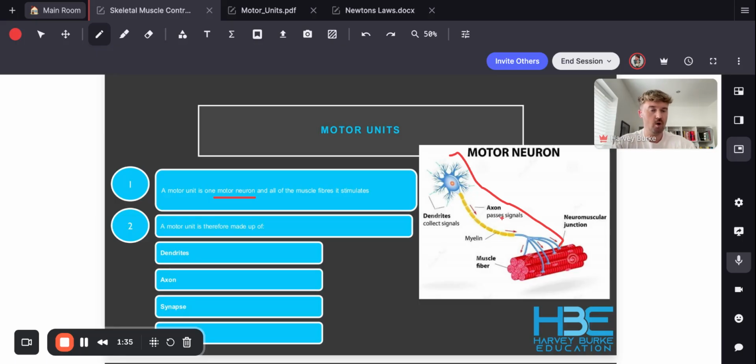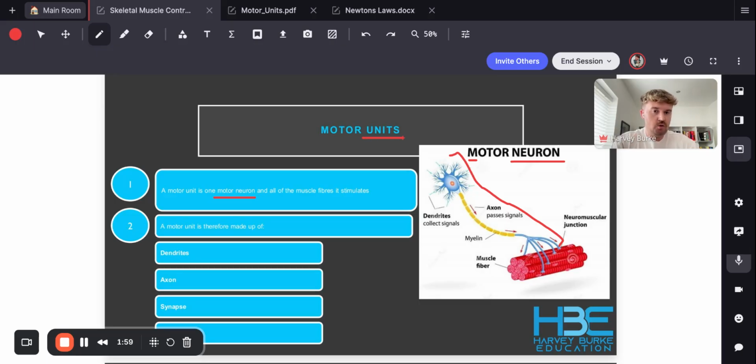So that is one motor neuron. And I think it's important to remember that neuron is just a fancy term for nerve. So this is just a nerve that is carrying an electrical impulse from your brain to your muscles. You can almost remember this like M for muscles. It's a nerve that is sending an electrical impulse to the muscles. So that's what a motor neuron is.